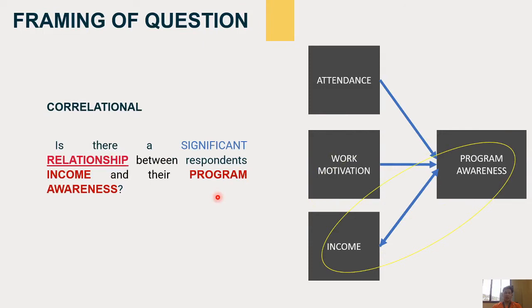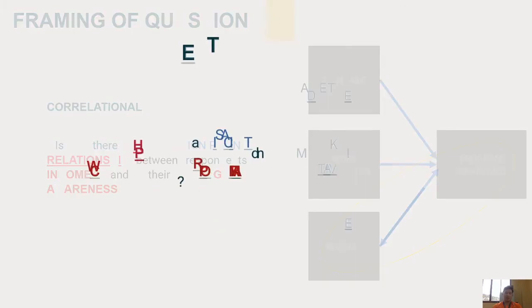Lastly, as you can notice, income and program awareness have a double-headed arrow, which means the research scenario here is that these two variables have a proposed or assumed relationship with each other. So the question that can be framed is: is there a significant relationship between respondents' income and their program awareness?